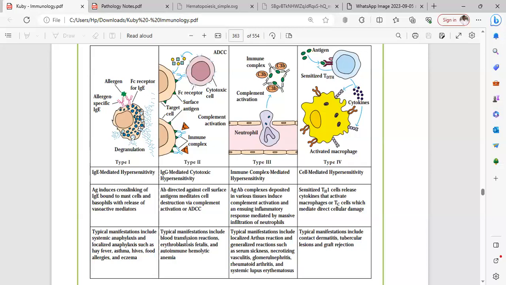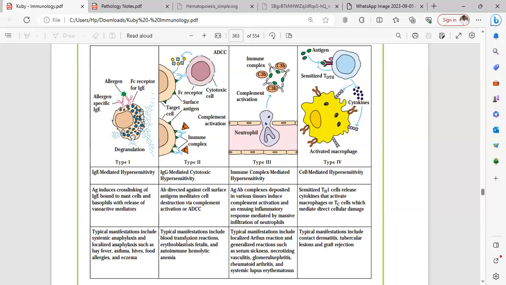But also in this type 2 hypersensitivity reaction, there's one that is usually drug-induced hemolytic anemia that you get. Patients react to antibiotics such as penicillins, cephalosporins, and streptomycins. So what happens is that they bind to the drugs.